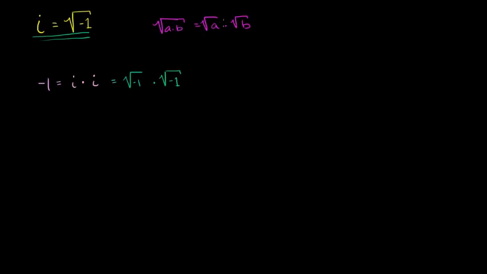So based on this property of the radical of the principal root, they'll say that this over here is the same thing as the square root of -1 times -1.